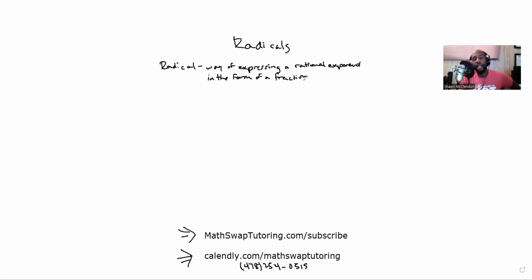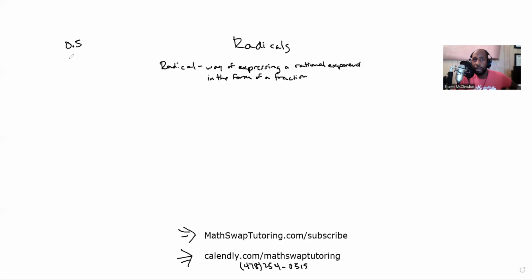And if you recall, rational and irrational: a rational number is usually a number whose decimal representation either terminates or repeats. For example, 0.5 is a rational number. It's a decimal that terminates.